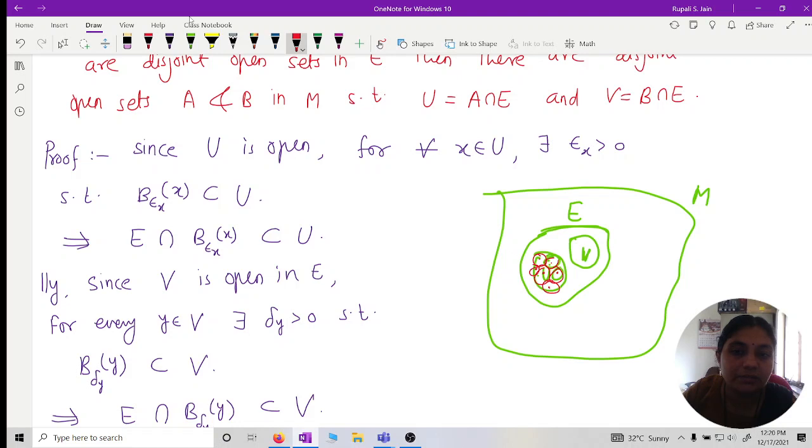Similarly, E intersection the union of balls of this is nothing but V. This is nothing but my U, this is nothing but my V. Got it. Is that okay? Yes, ma'am.